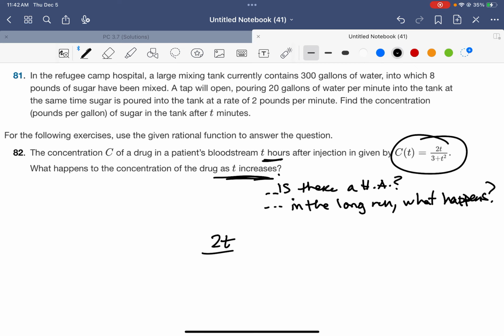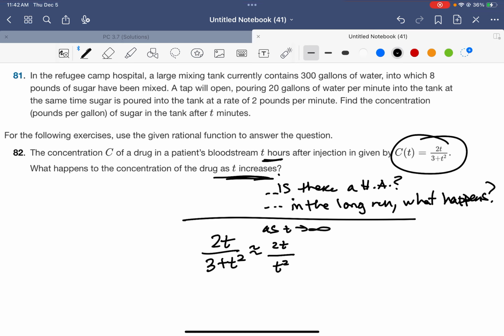So if you have 2t over 3 plus t squared, well, as t goes to infinity, the top wants to be 2t. It dominates because it's the only term. And then the bottom t squared dominates. I think you can quickly see that that's equal to 2 over t, and in the long run, that goes to 0.